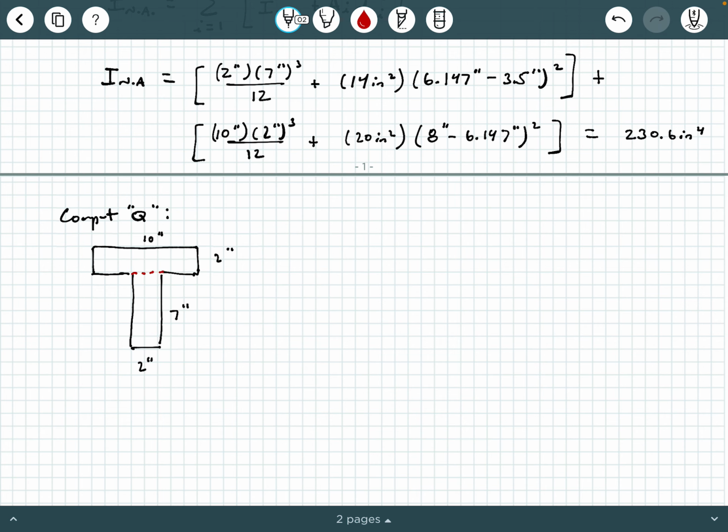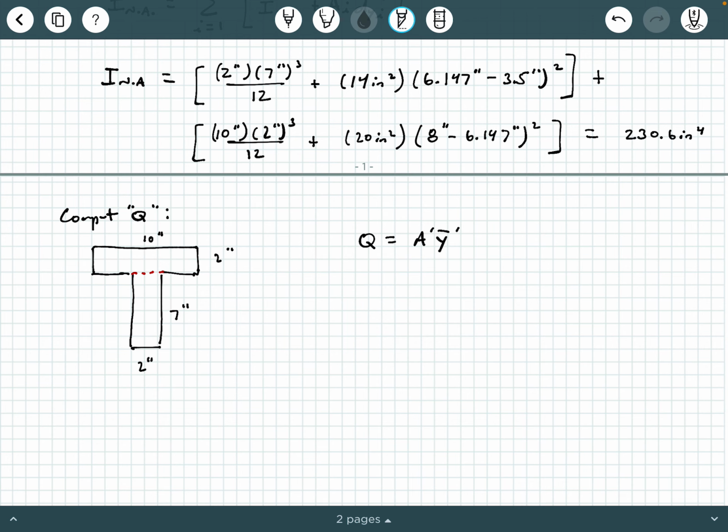Now, remember, we can write Q as Q equals A prime Y prime bar, all right? Now, A prime is the area above or below the plane that we're interested in.